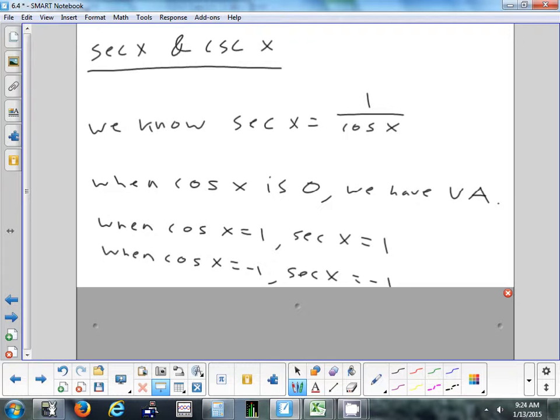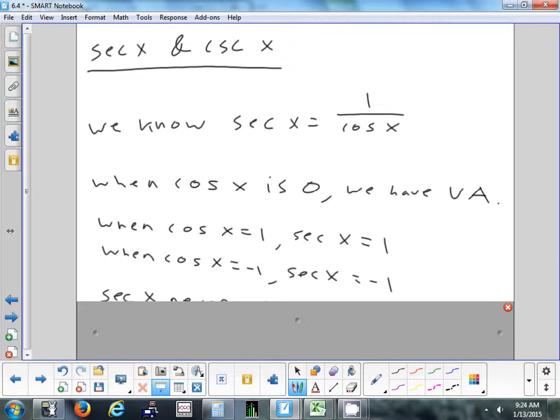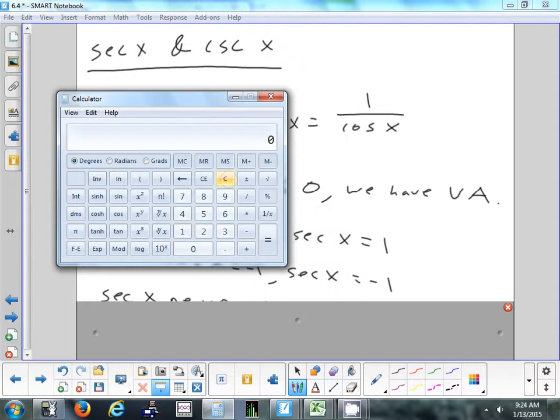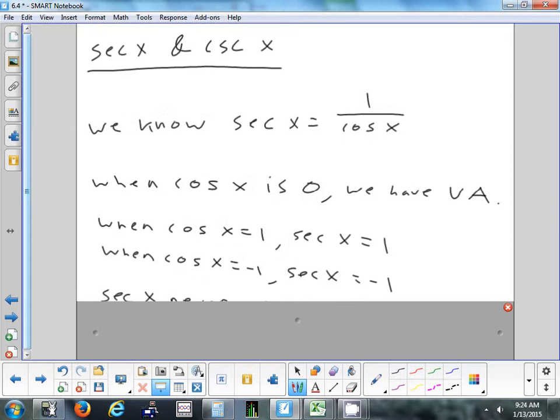When cosine of x equals negative 1, so does the secant. It also equals negative 1. Okay, think of 180 with cosine. You plug that in, you get negative 1. 1 divided by negative 1 is negative 1. All right, so that gives us at least a couple different points we can graph.